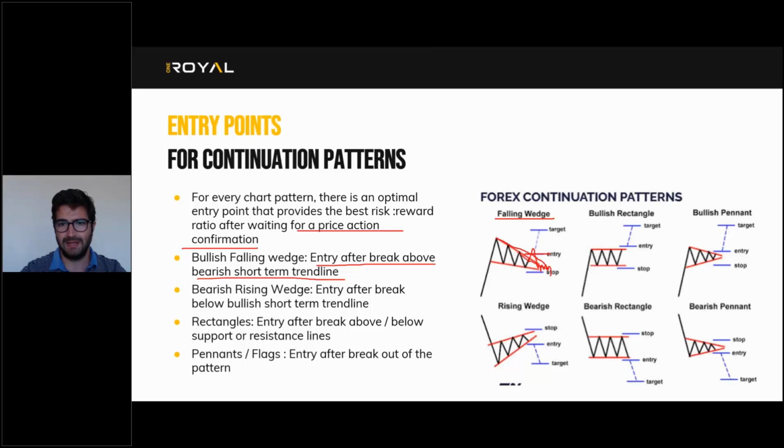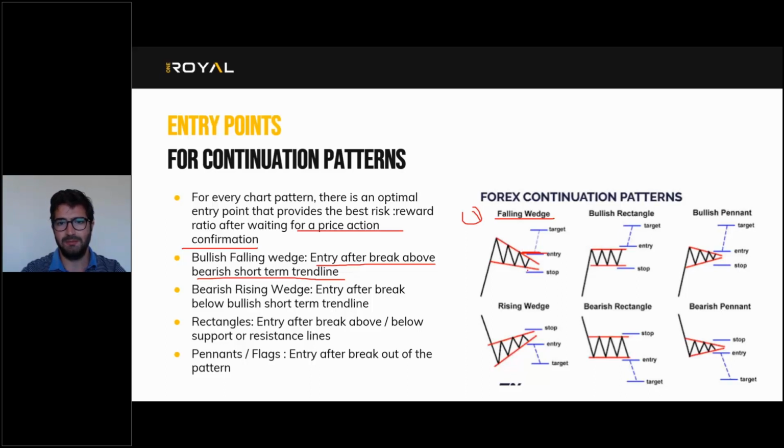This is the trend line, or the higher end of this bearish trend line. Let me make it clear for you. So the best entry is after the breakout of this trend line.